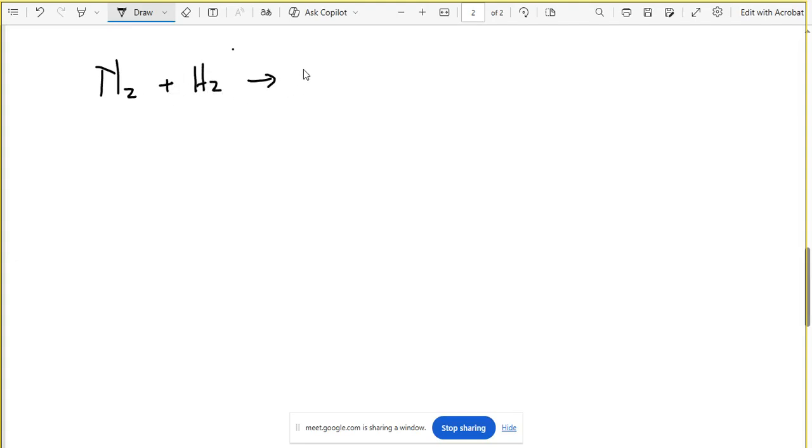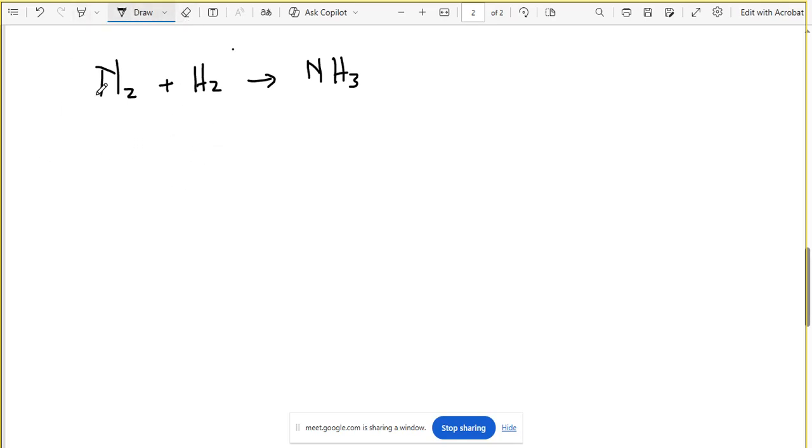Then this gives us ammonia, which is NH3. So nitrogen reacts with hydrogen to form ammonia. Write a balanced chemical equation for this reaction. Let me not write everything down, just to save time.